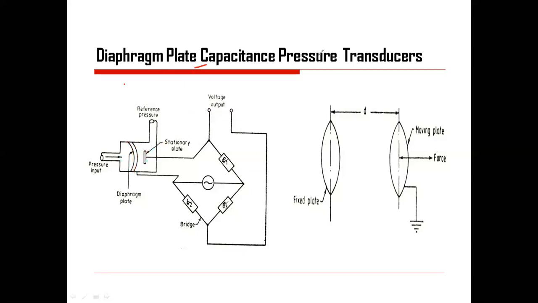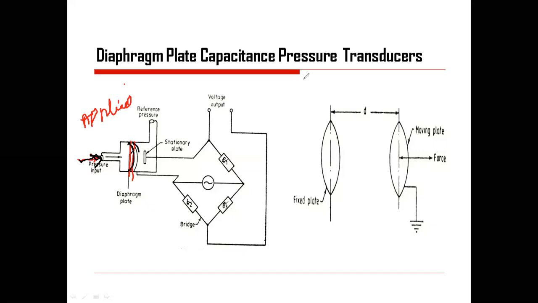At the initial condition, the diaphragm is like this. The structure of the diaphragm is like this when input pressure is not applied to this particular casing. As soon as we apply an input pressure, what is going to happen?